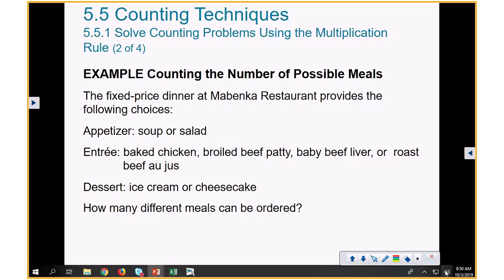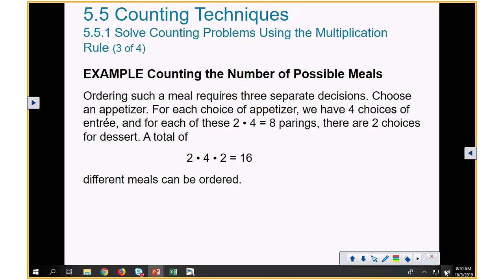And then dessert, 2. So that would be 2 times 4, which is 8. And 8 times 2 is 16. That is a test question. Not only is it a test question on my test, that is a standardized test question. 16. 2 times 8 is 16. Sorry. Did I say 18 or 16? I can't do anything right.